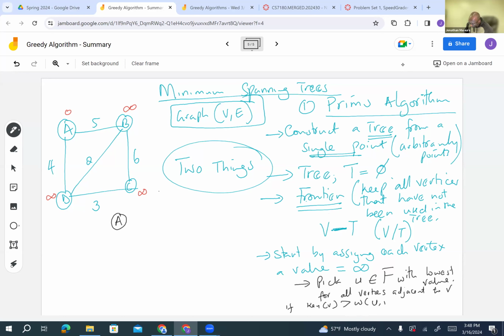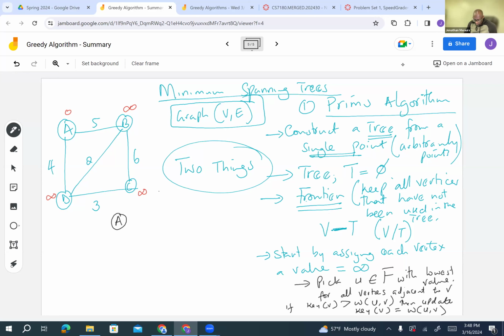So we're saying if the key is bigger than the weight between U and V, essentially the weight of the edge, then update the key of V as being the weight. Then copy and paste. That's all, then copy and paste.